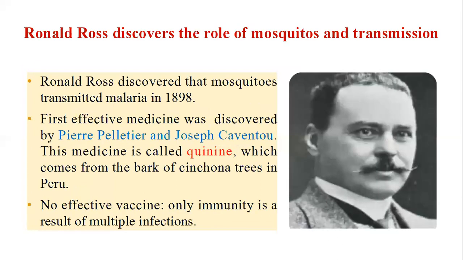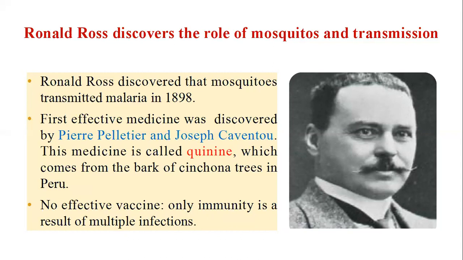Later on, Ronald Ross, one of the pioneer scientists in medical microbiology, discovered the role of the mosquito in transmission of the Plasmodium parasite. So in 1898, he discovered that mosquitoes transmitted malaria.